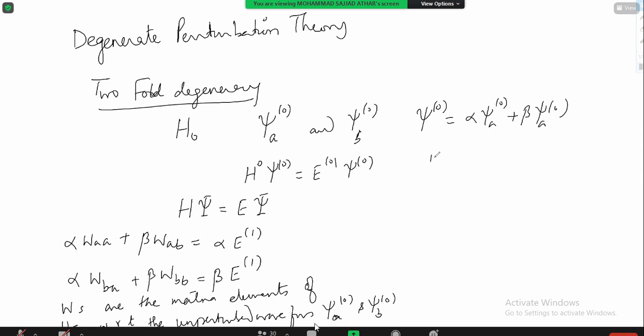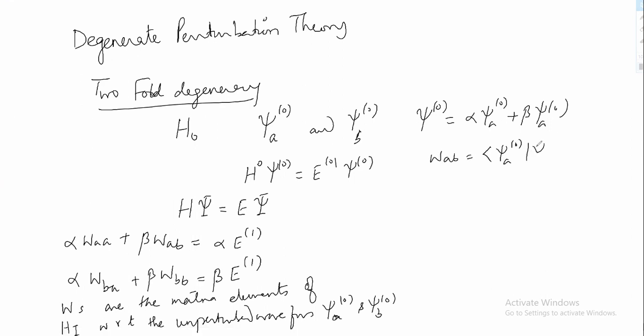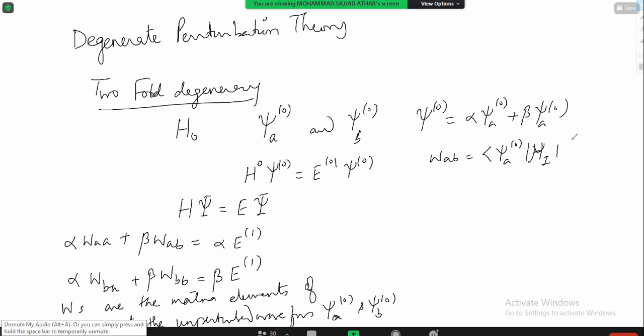Recall, our WAB was psi A 0 H I psi B 0, and WBA was the conjugate of WAB.